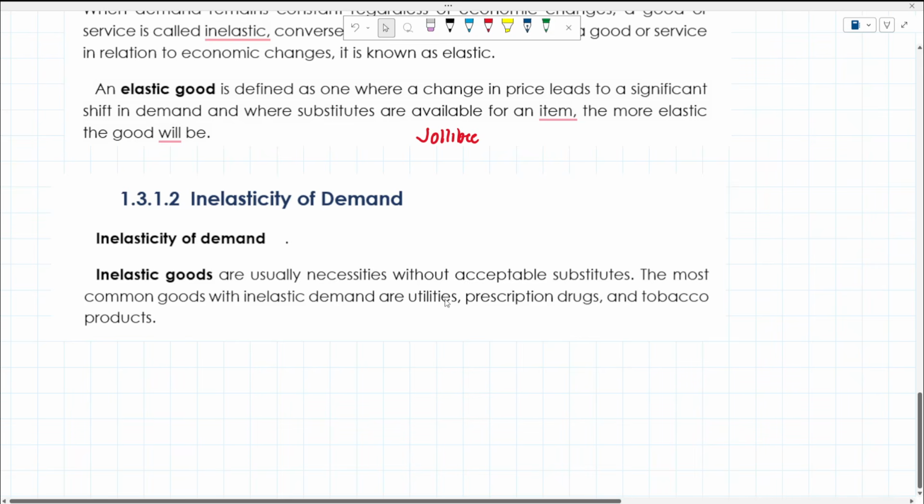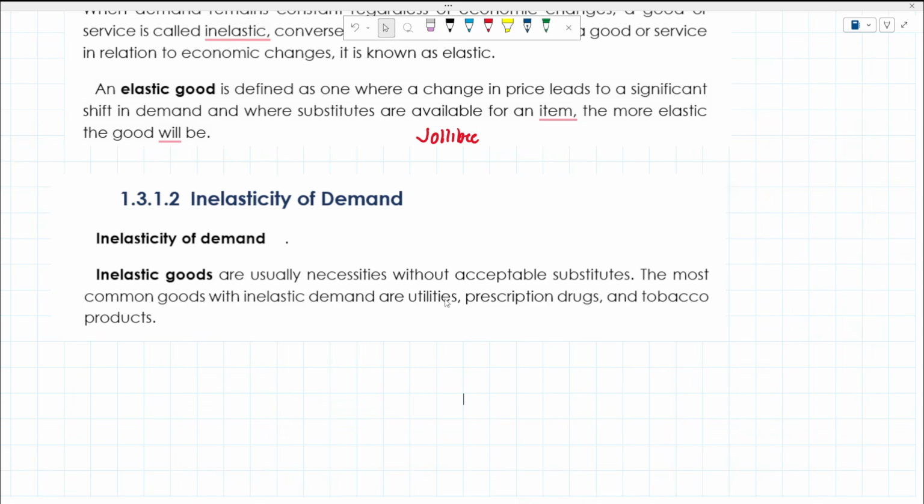There's no known substitute for electricity, aside from solar powered electricity, which will also make you invest a large amount of money before you can use it. Prescription drugs are also an example of inelastic goods.